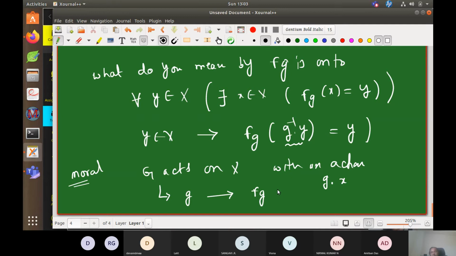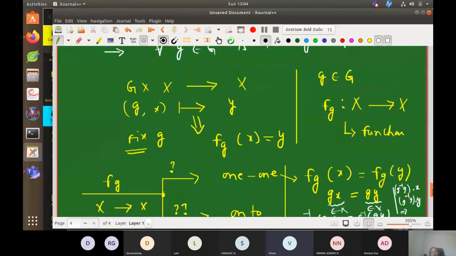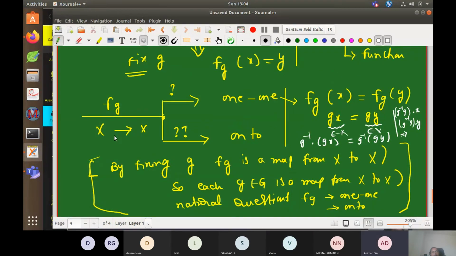So where does this Fg belong? No, it is not in X. Fg is a map from X to X. So by fixing G, Fg is a map from X to X. So each G gives a map from X to X.